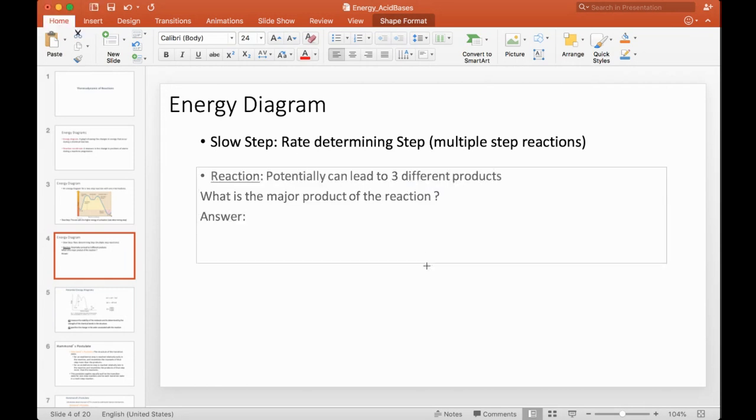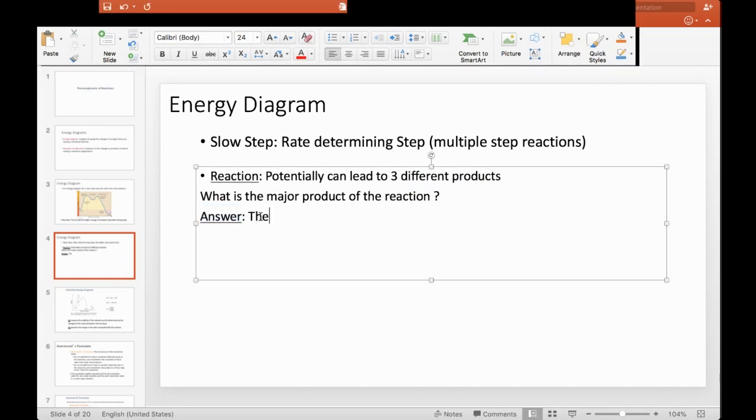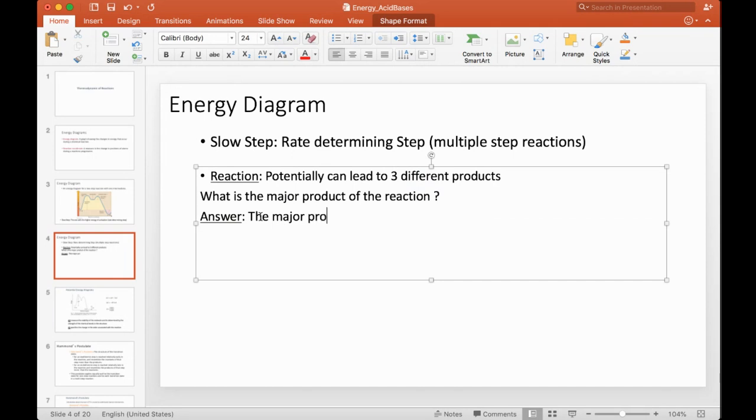Okay, so the answer to your question, and this is a way of reasoning about reactions that is so important, would be: the major product is the one forming faster, because if it forms faster, then you will get more of that. It's just logic, right?